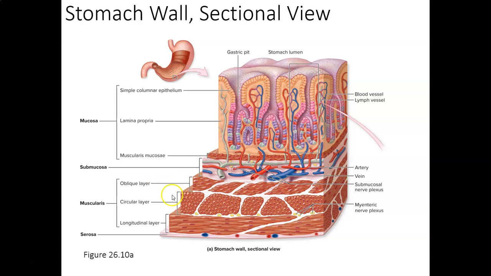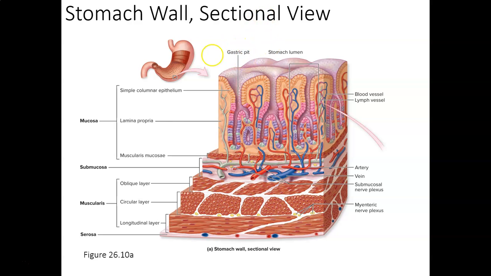Note the three layers of the smooth muscle inside of the muscularis. You can see the blood vessels and the nerves mainly buried in the submucosal layer. Strikingly, then you have the deep invagination of the gastric lumen, and so it's called gastric pit.